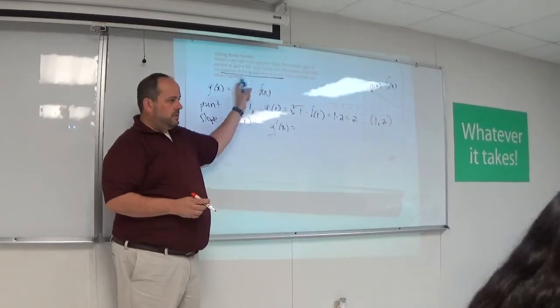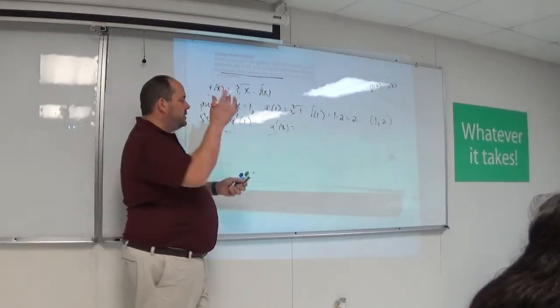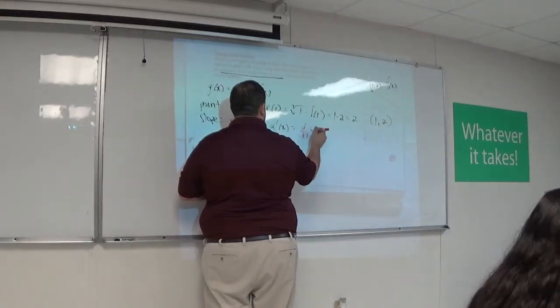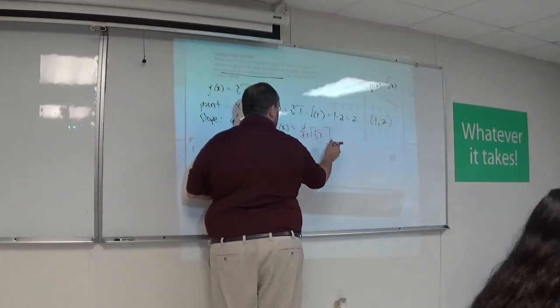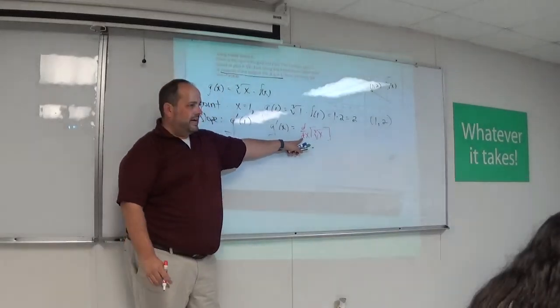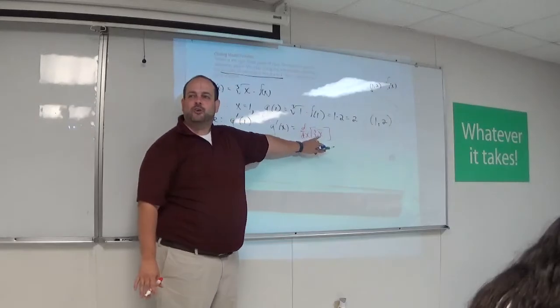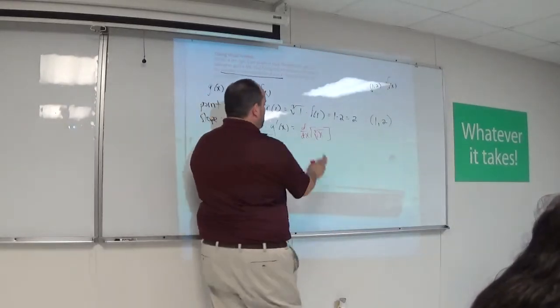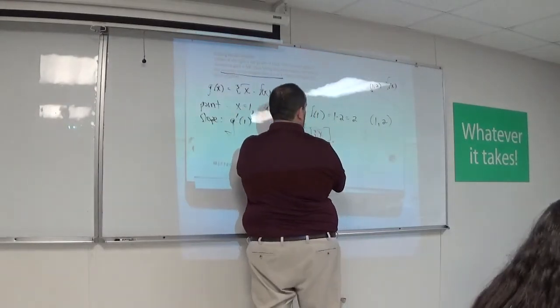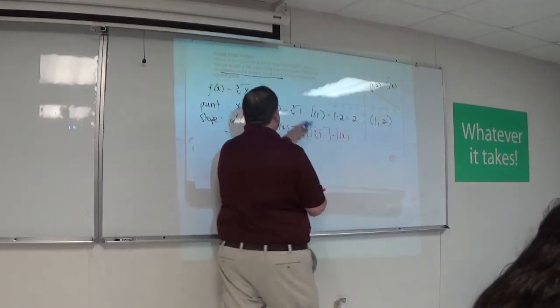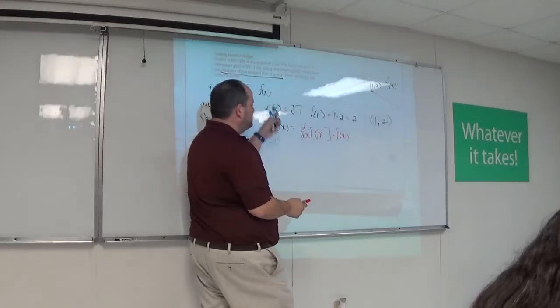The derivative of the first part. So here's the thing. I'm going to write it this way. I'm going to take the derivative of the cubed root of x, but I'm not actually doing it right now. What I'm saying is I know I have to take it, but I'm not trying to do it right now. So I'm just saying it's the derivative of the first, times the second, not the derivative, just times the second.